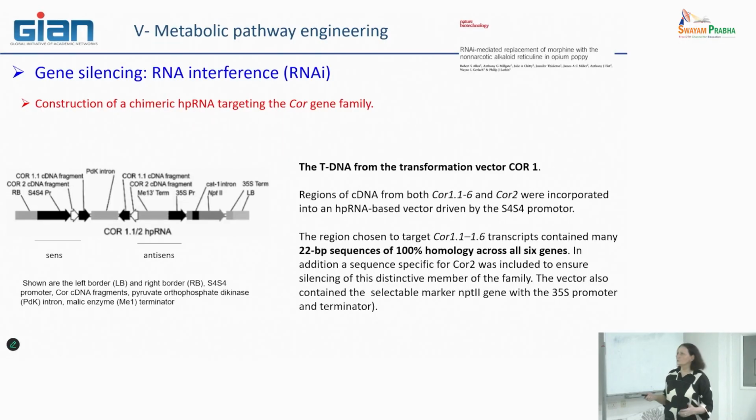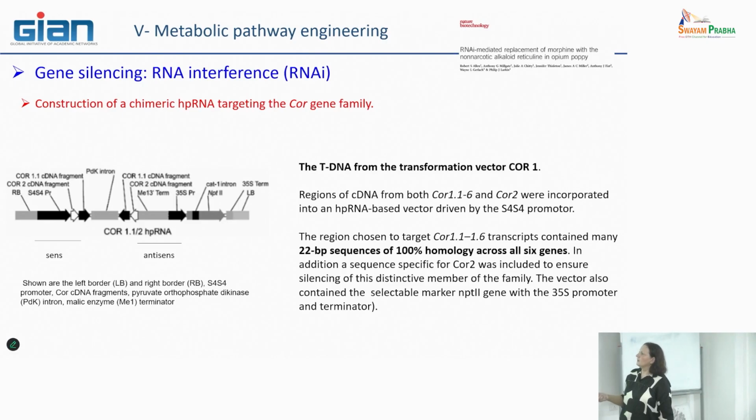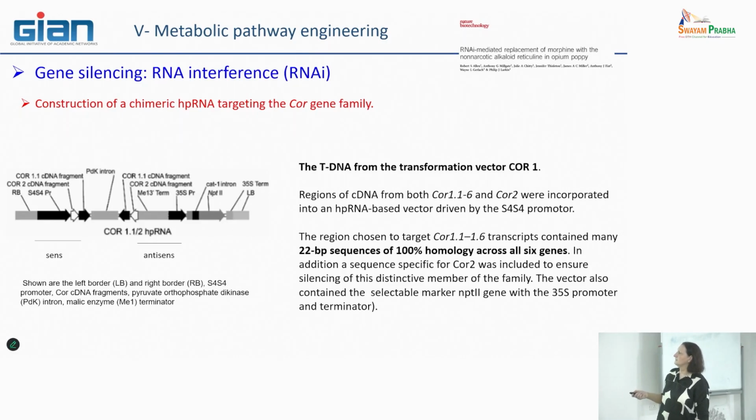Here is the construction. You see here the sense and antisense sequence of the fragment of the cDNA corresponding to the core of the first class and the core of the second class. Okay, it was important to target both. Here is exactly the antisense sequence of the same fragment of cDNA.